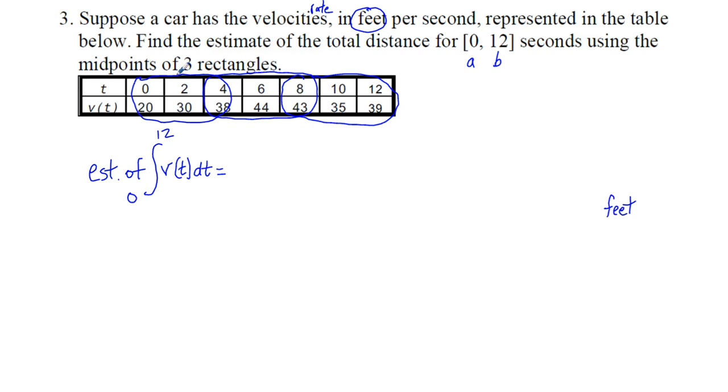And again, since it says 3 rectangles, we just go ahead and draw 3 blanks, separated by 2 plus signs. Okay, this is a characteristic of Riemann sums with equal widths, that we have delta x be the same. In this case, we're going from 0 to 4, from 4 to 8, and from 8 to 12. So our delta x is going to be 4.